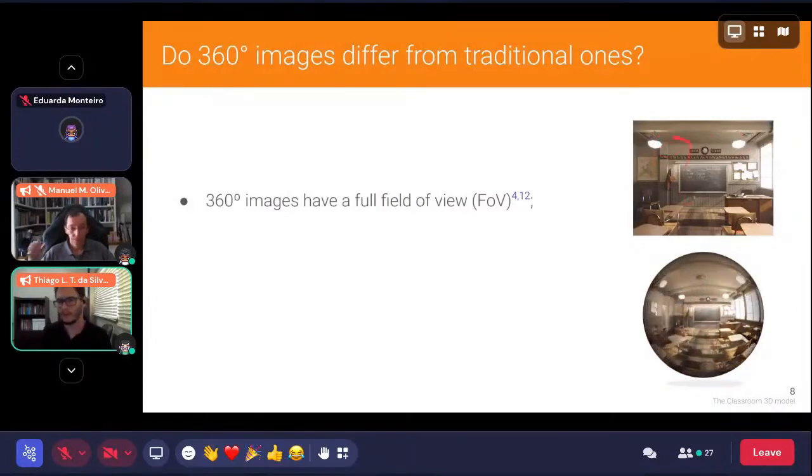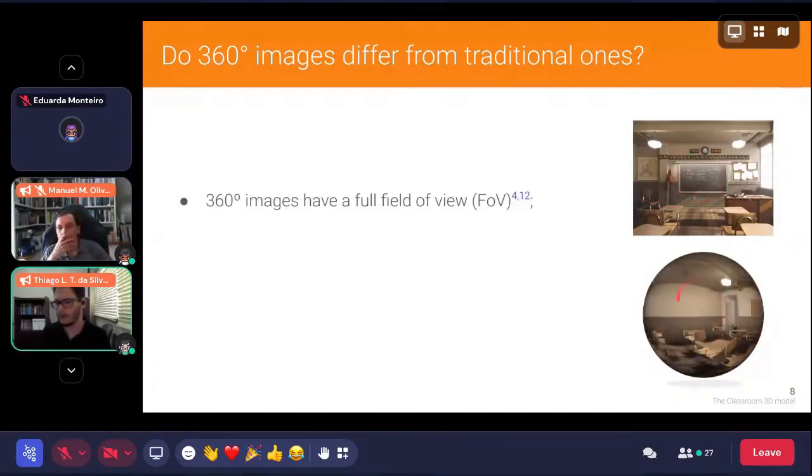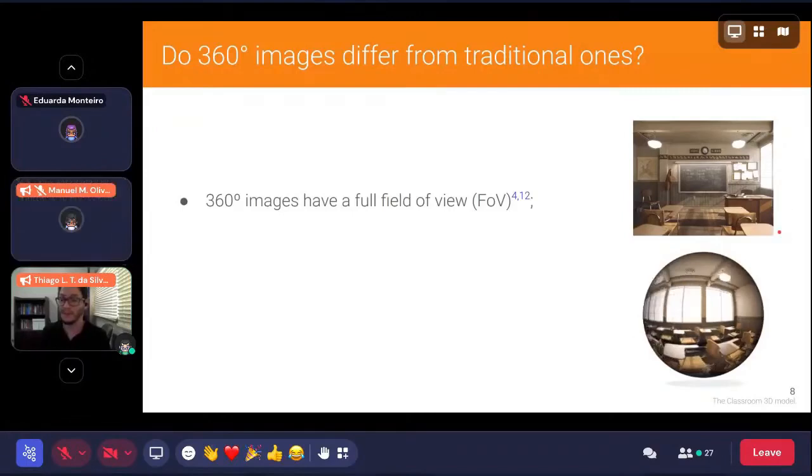Here we have a regular camera capture, and here we have a spherical image capture from the same scene in the same position. And we see that, well, these two images are not similar.